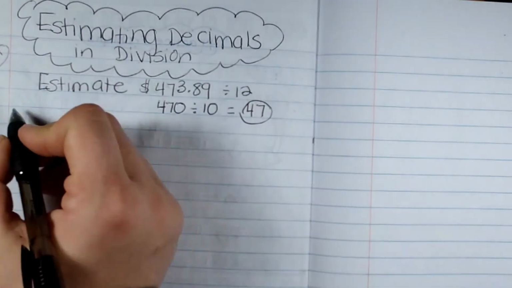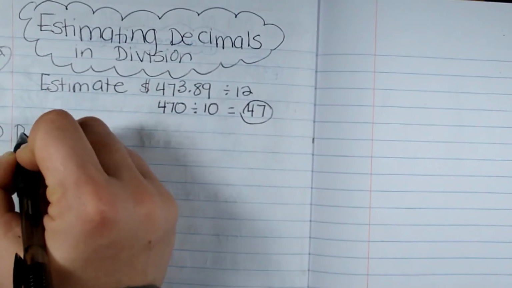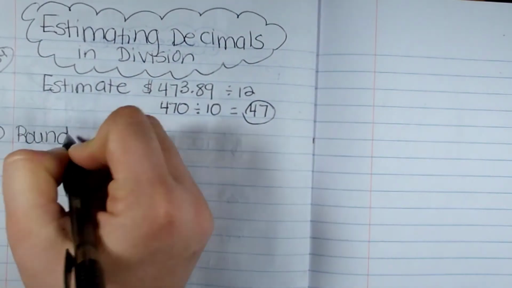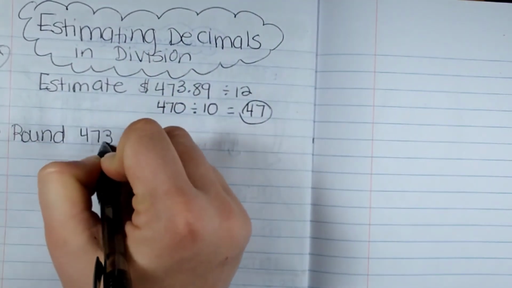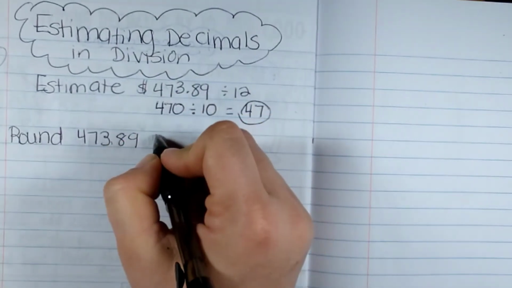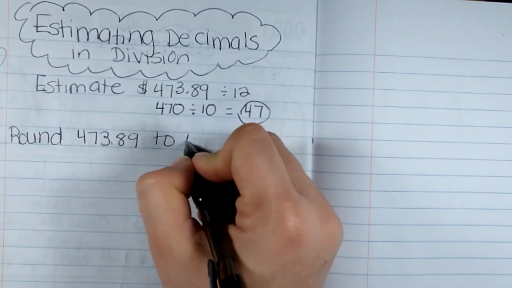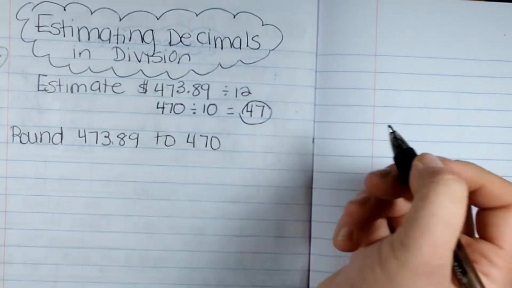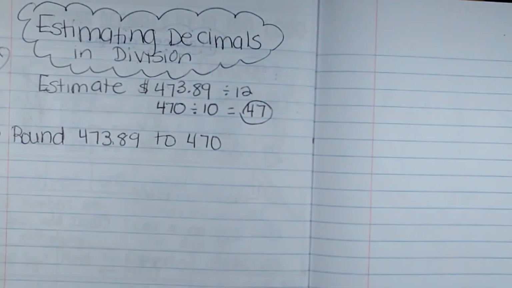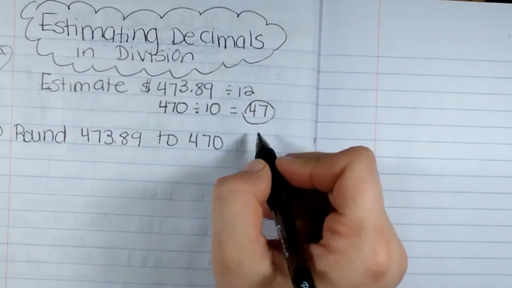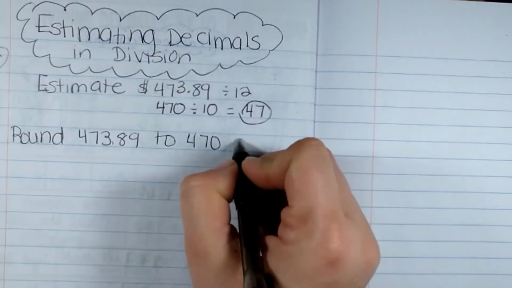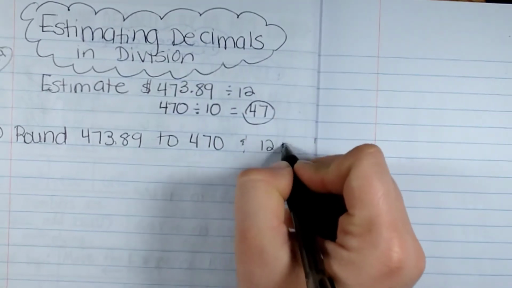So here are my steps. I'm going to round 473.89 to 470, and 12 to 10.